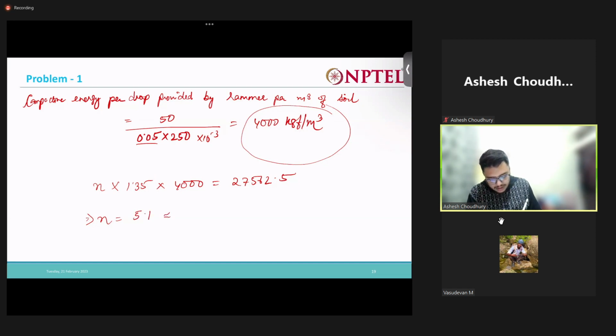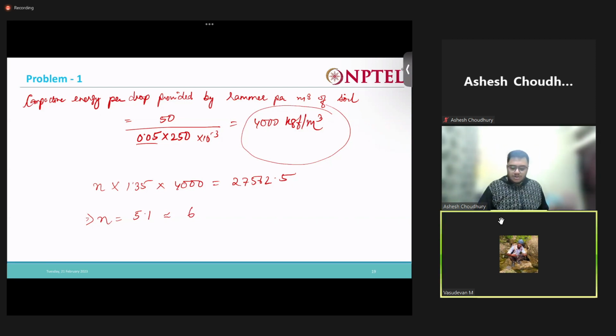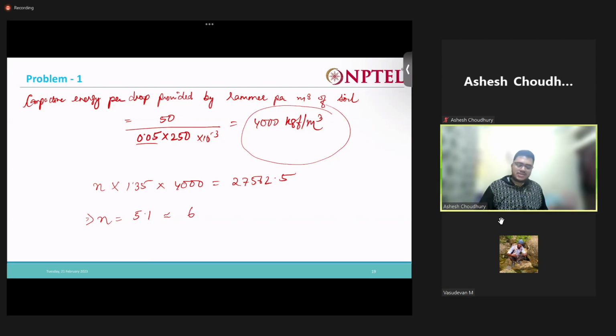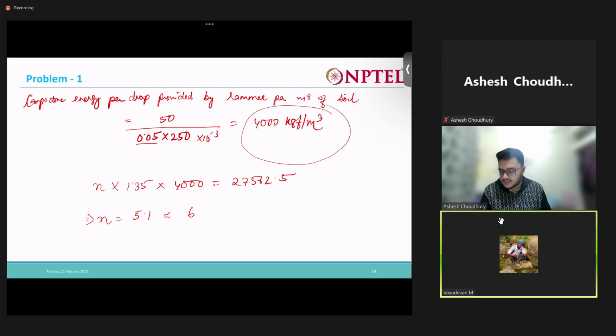Okay, so you can do 6 passes. So if you do 6 passes using our Rammer, then that will be more than the energy obtained from the IS heavy compaction test.